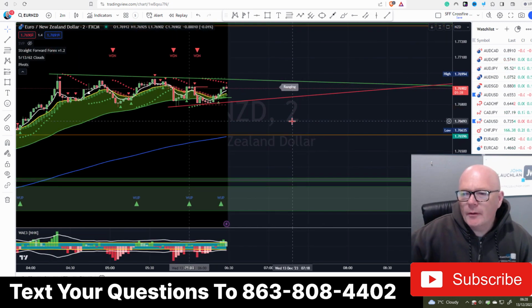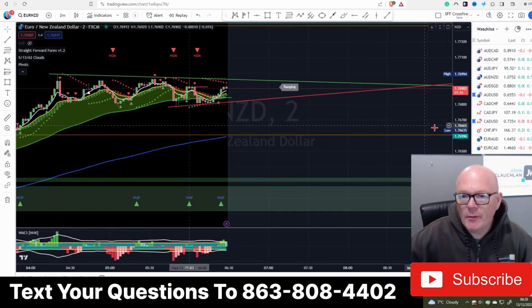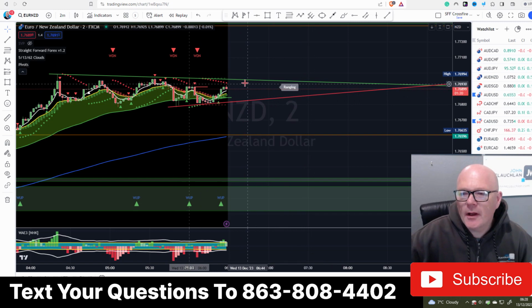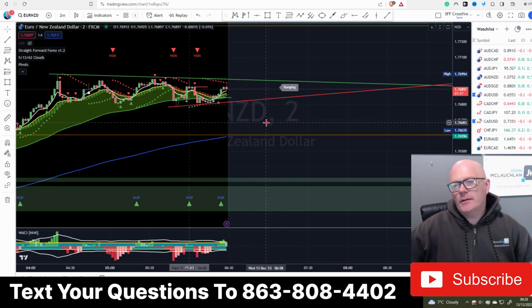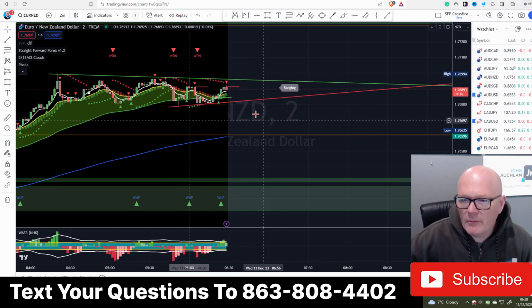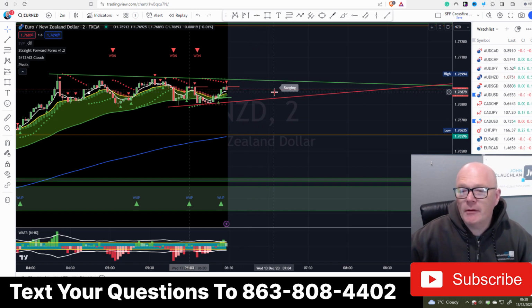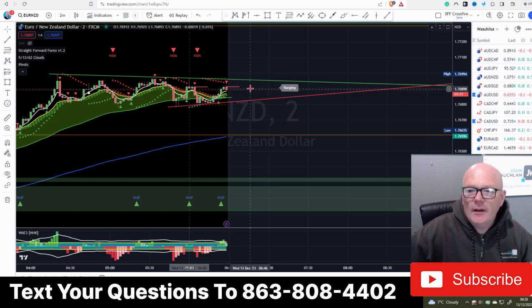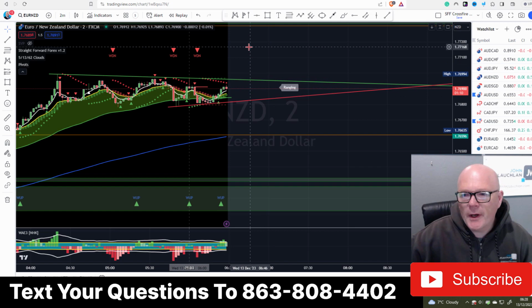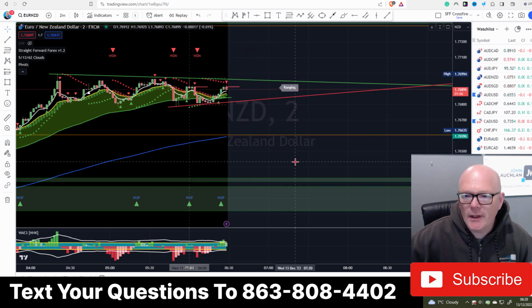So currently, where are we in terms of the strategy? Well, we're in no man's land. We're in between this trend line and this trend line. Price won't do much in this area, and you don't really want to be taking trades until price breaks out significantly of this trend line or breaks to the downside.